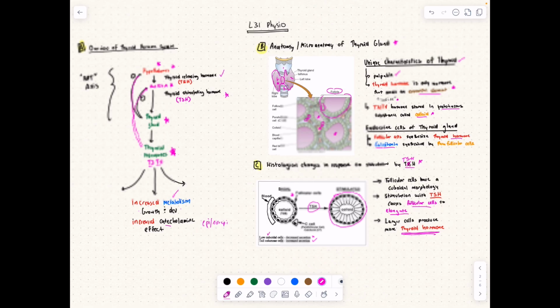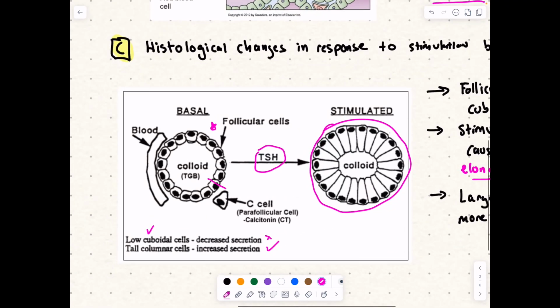And so basically what's going to happen is it's going to pump iodide into here, and then that's going to be converted to I2, and then that's going to be added to thyroglobulin in here, and then you'll get this thyroglobulin with iodines on them, and then the thyroglobulin is going to go back into the follicular cell, and then at that point it's going to be cleaved into T3 and T4.